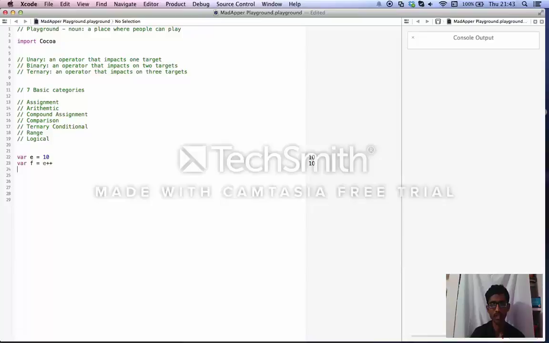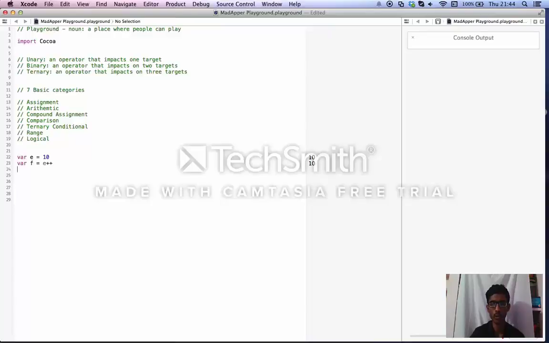We then have unary minus. I'm not going to talk about unary plus, because plus simply returns the value of the variable. So unary minus. I take a variable, call it h, equal to 6.